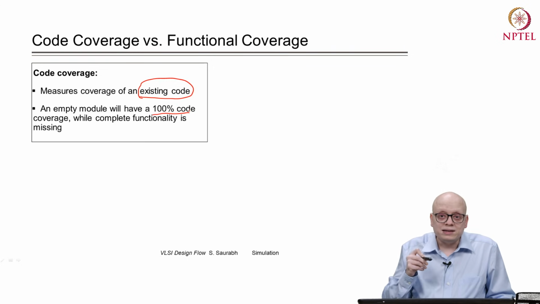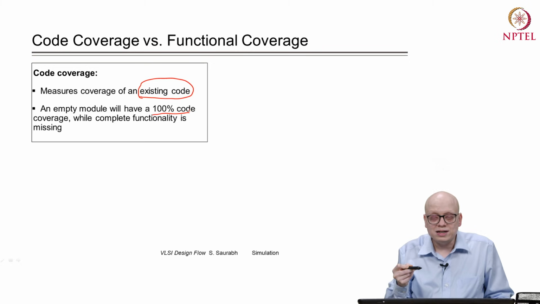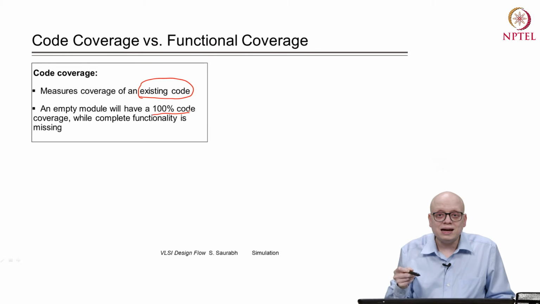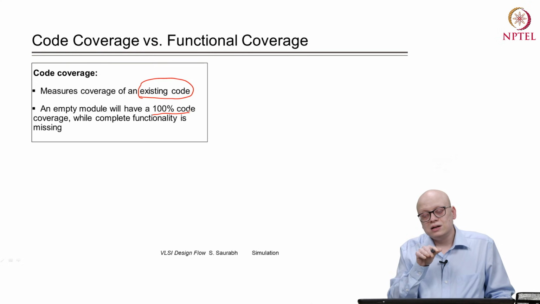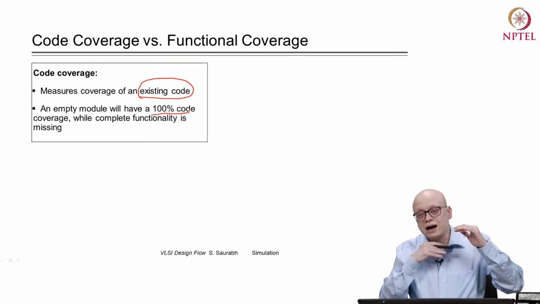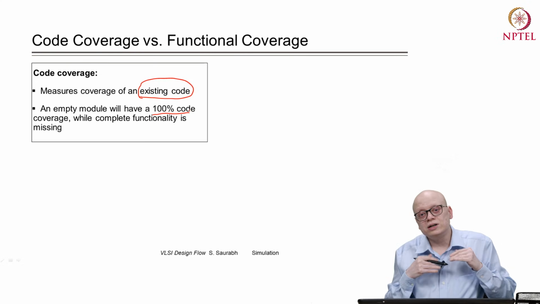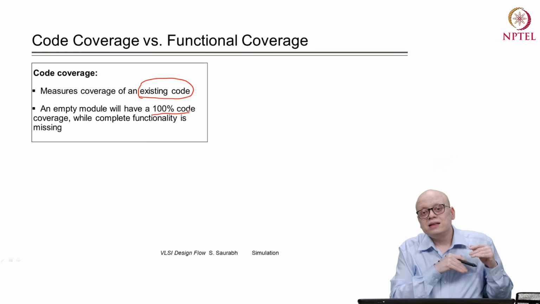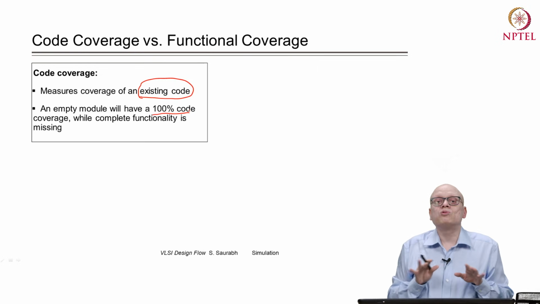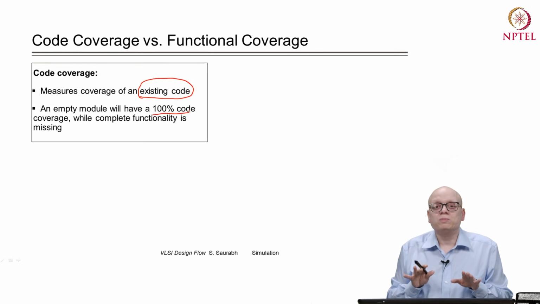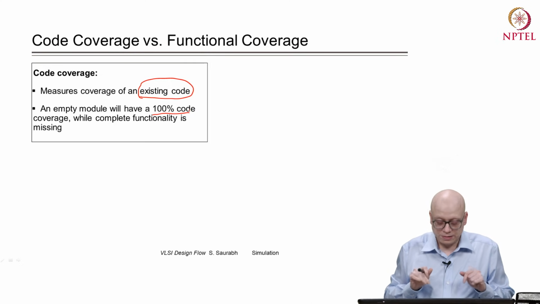So, we should interpret the result of code coverage more prudently, meaning that it only measures whether the given RTL code was covered during simulation or not. If the functionality is missing, the code coverage cannot identify it and it will not report it, right.